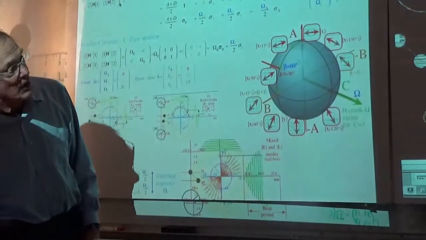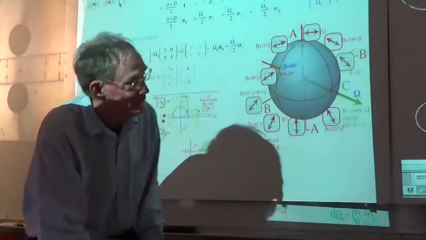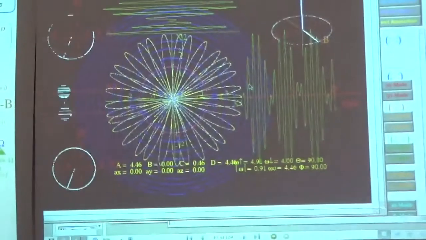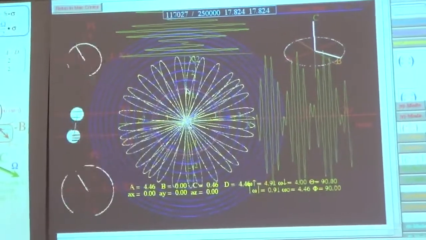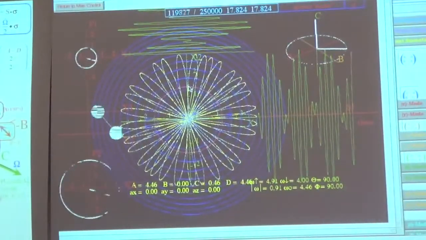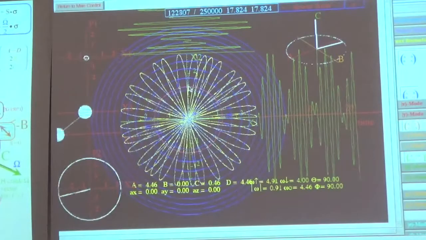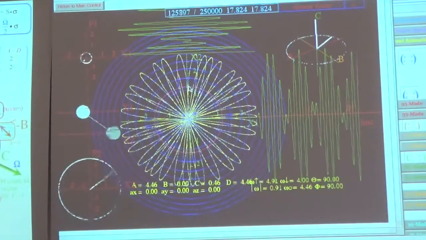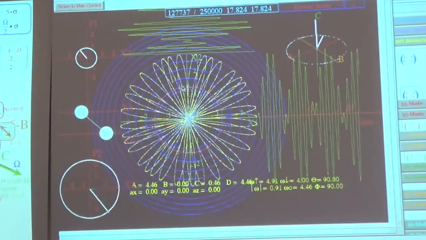And I'm going to try to reproduce, if you don't mind me swinging you back to the other screen, a right-handed circular polarization state. Okay? And the way I can do that on this one is very easy. I just drag my initial velocity out until I fit pretty close to a circle.